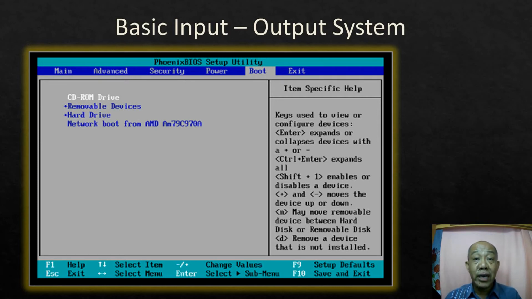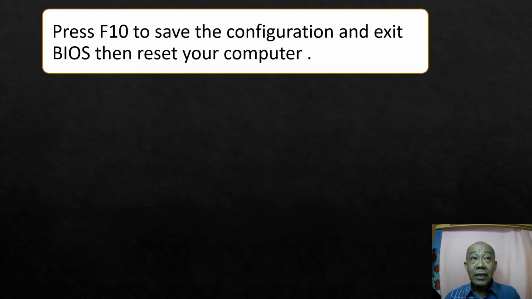If you are using an installation media in a CD-ROM or a DVD, you're going to choose CD-ROM drive. If you're using a flash drive, you're going to choose removable devices. Upon selecting, you have to press F10 in order for you to save the configuration.